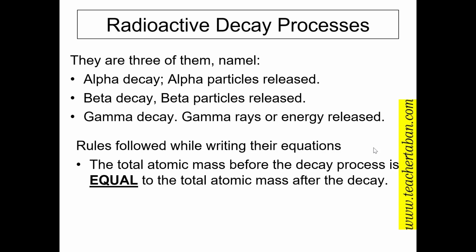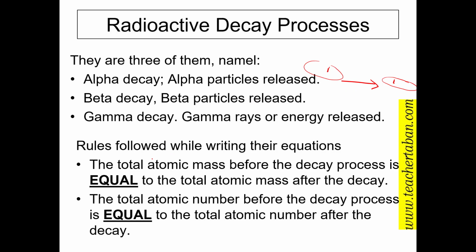So the total atomic mass before the decay process is always equal to the total atomic mass after the decay process. In other words, on either side of the equation, the sums must be equal. So in case we have 2 nuclides or 4 nuclides or whatever number, you first add all of them, and they must balance with those on the right-hand side as well.